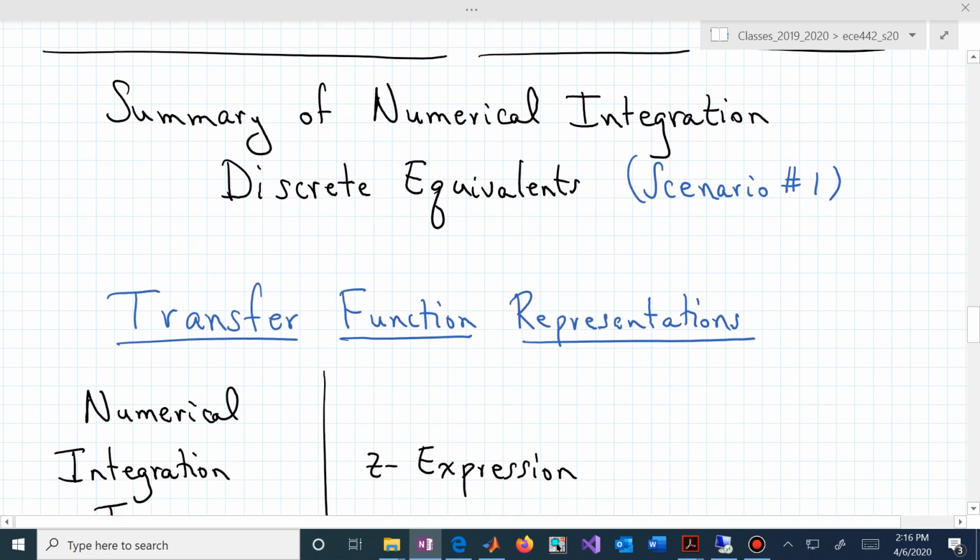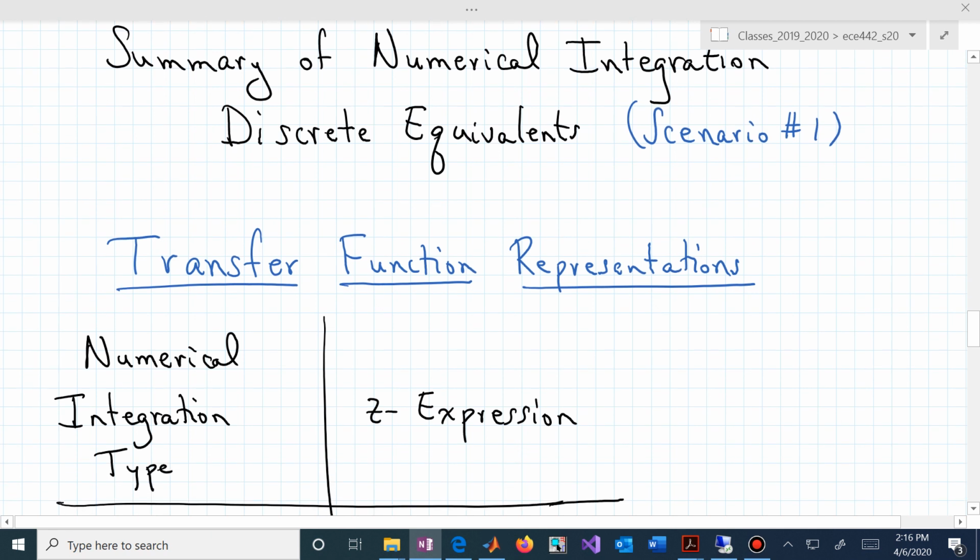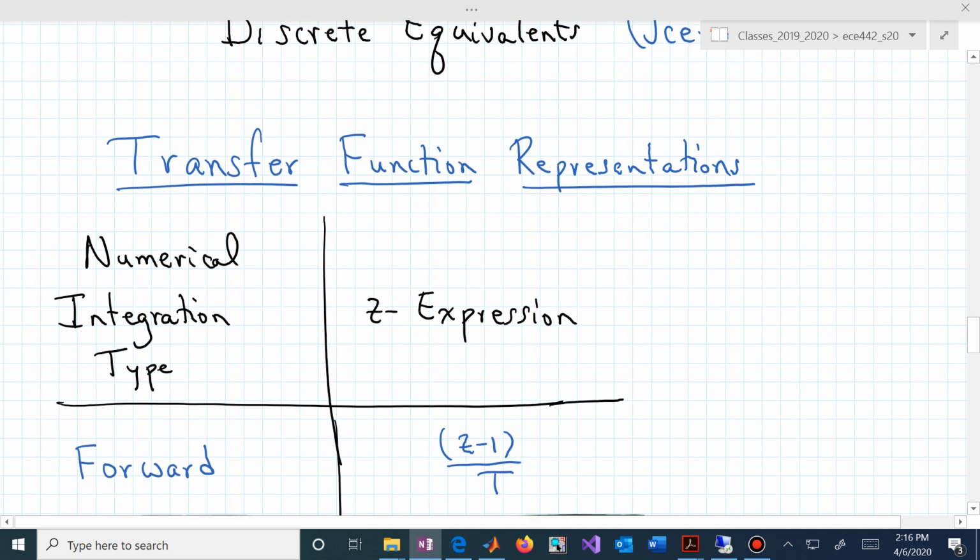If we were in scenario number 1, then we have these numerical integration discrete equivalents or discrete approximations.